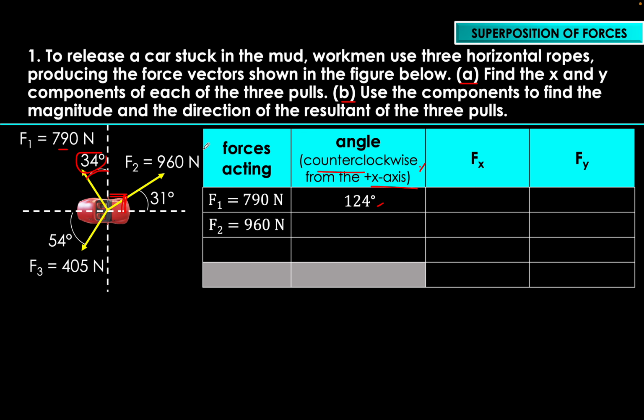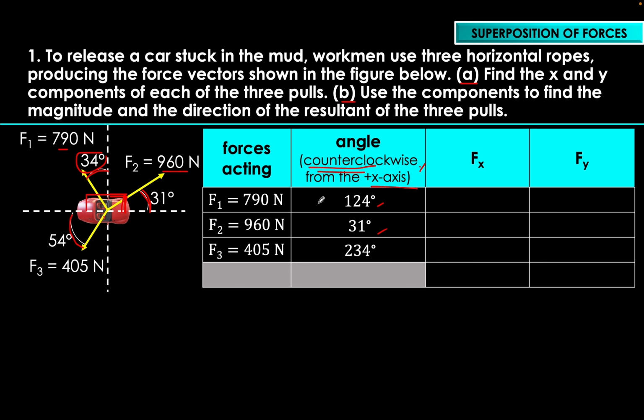For force vector number 2, it is 960 newtons, and the angle it makes with respect to the positive x-axis is 31 degrees, so it's here. For the third force vector, you have 405 newtons. What's the angle it makes with respect to the positive x-axis? If you measure counterclockwise, that will be 90 plus 90 plus 54 degrees, and that gives you 234 degrees.